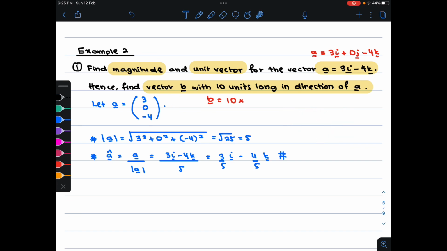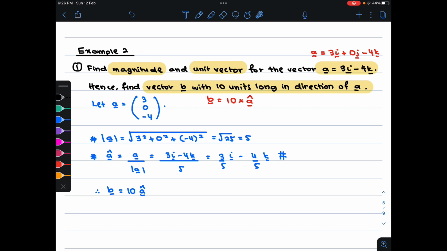So to do that, we need to use the unit vector A, because A hat is a vector of length 1 unit. Therefore vector B is actually 10 times A hat.